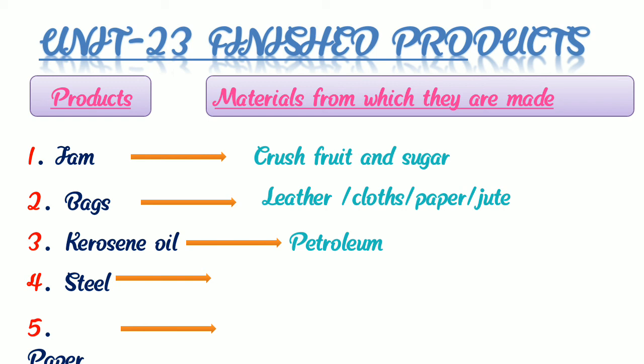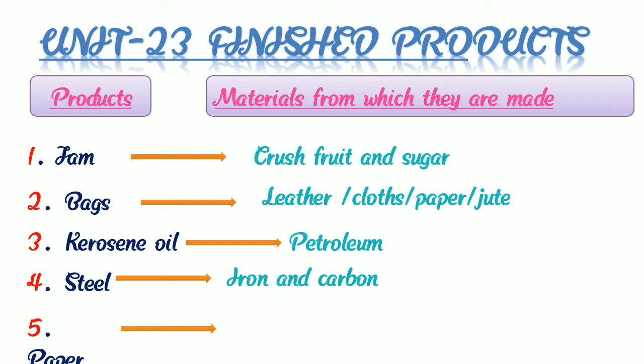So, petroleum is the material used to make kerosene oil. Okay, now number 4, steel. Which material is used to make steel? It's iron and carbon. So, iron and carbon are used in making steel.